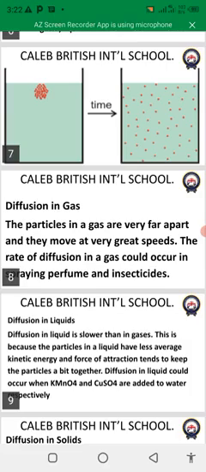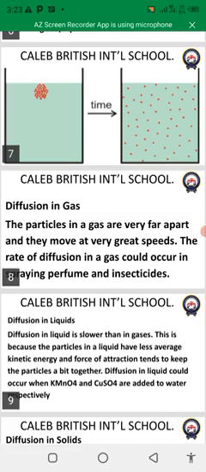The one with the particles, before you know it, within a short time, the whole particle will cover the whole liquid. That's an example of diffusion. So we have diffusion in gas. The particles in a gas are very far apart and they move at very high speeds.